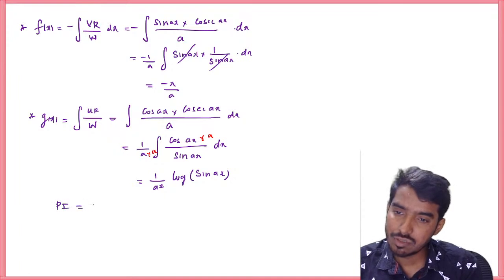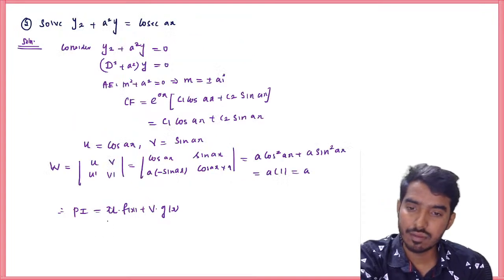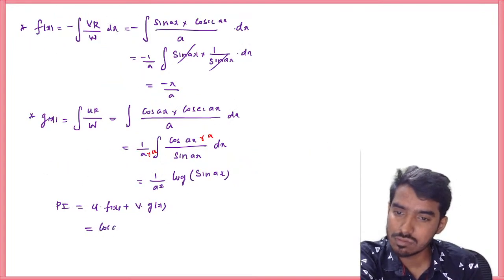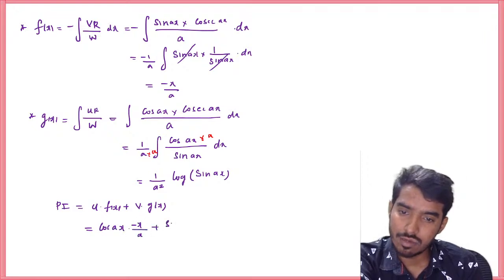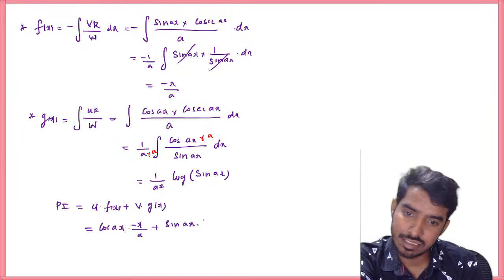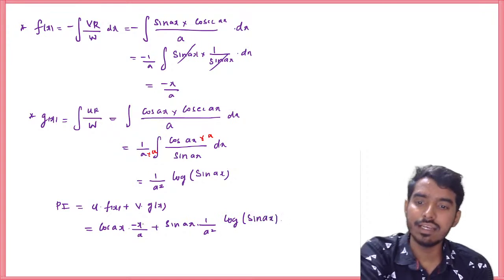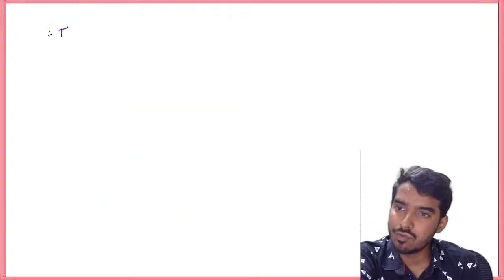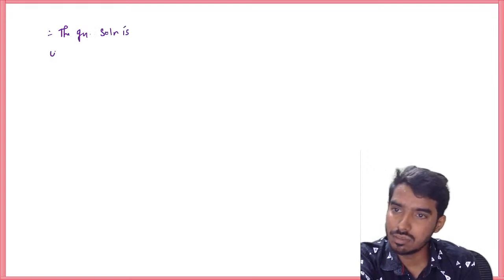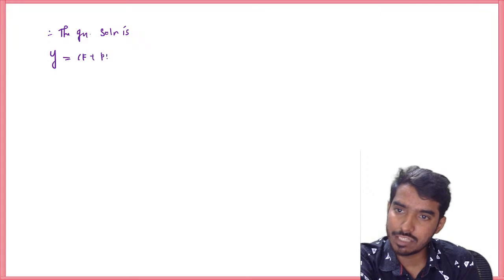Therefore your PI is u into f of x plus v into g of x. So u is cos ax into f of x, where f of x is minus x by a. v is sin ax into g of x, which is 1 by a square log sin ax. This is your PI. Therefore, the general solution is y is equal to CF plus PI.